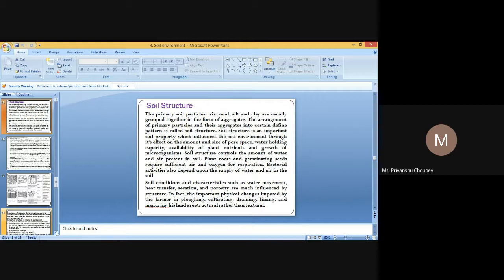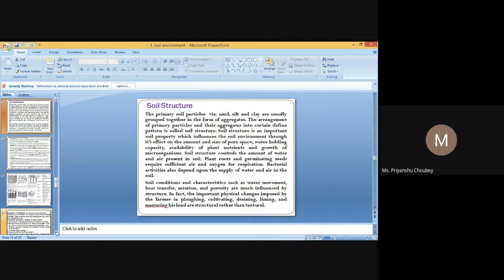Soil structure is an important soil property which influences the soil environment. It affects the amount and size of pore spaces, water holding capacity, availability of plant nutrients, and growth of microorganisms.